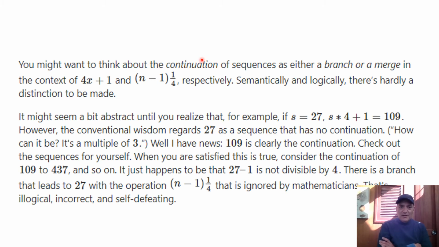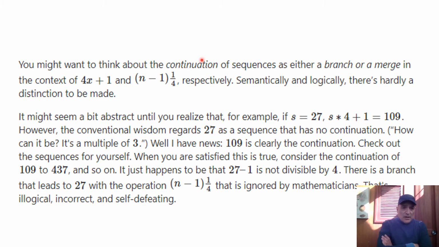The proposition that has to be disproved with respect to the conjecture is that the sequence never goes to 1, forever, for infinity.